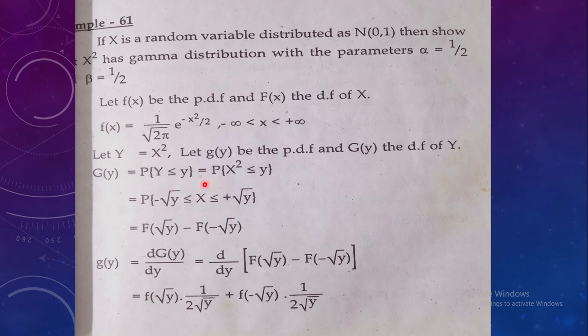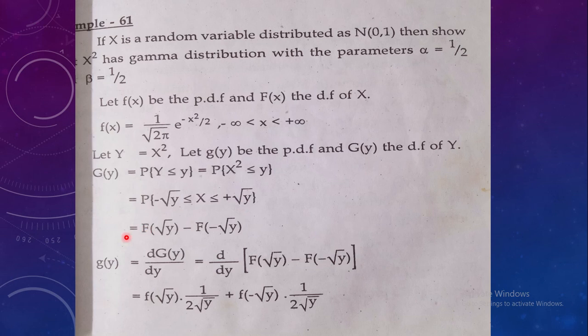Now capital G of y you can also write as probability of y less than or equal to small y, which is equal to probability of x square less than or equal to y, which is equal to probability of, instead of x square, x. When you give x instead of x square, this changes to probability of minus root y less than or equal to x less than or equal to positive root y.